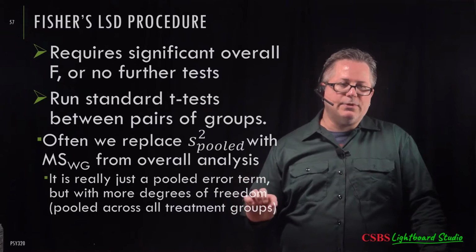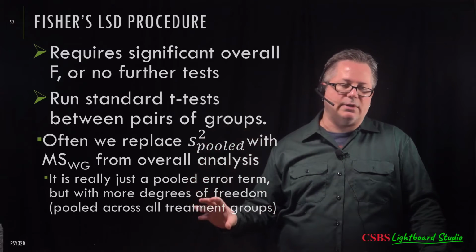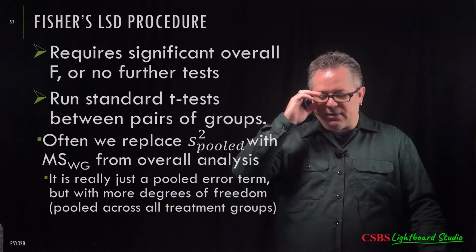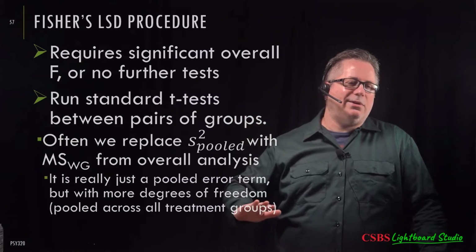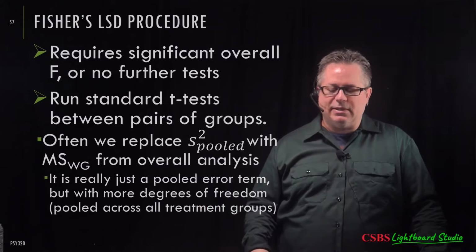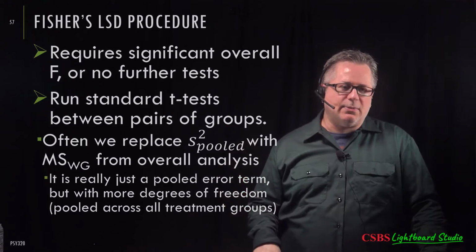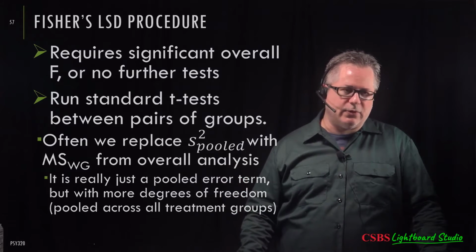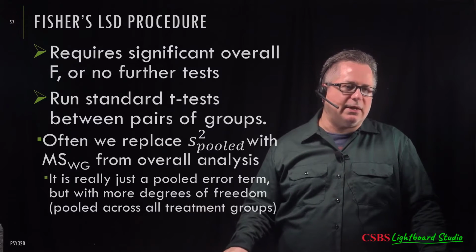So Fisher's procedure is saying, since the overall ANOVA is significant and it already controls for the family-wise or overall alpha level, we don't need to do more of that. We can take each of the follow-up t-tests a little bit more liberally, at a regular 0.05 alpha level for each one, because the ANOVA has already done that control for us.